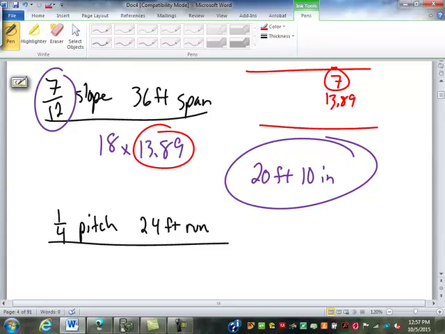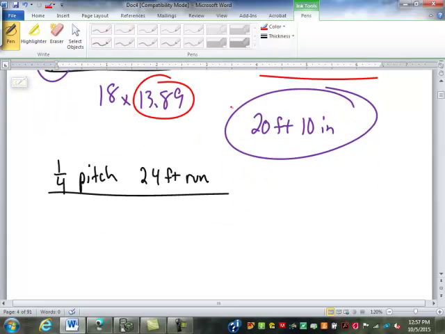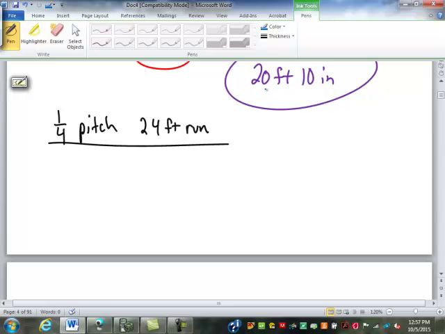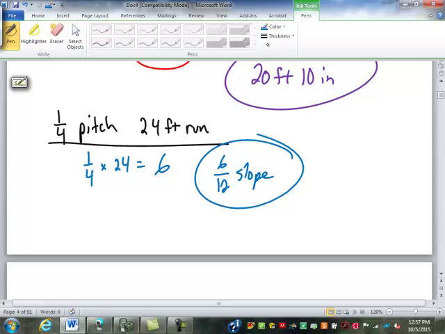So for the second one, it's a 1/4 pitch on a 24-foot run. What do we have to do before we do anything else? We have to change that to slope. So what do we do with the 1/4? Times 24 gives us 6. That means this is a 6/12 slope. So we look up under the 6.